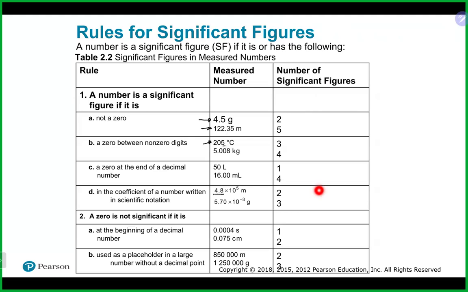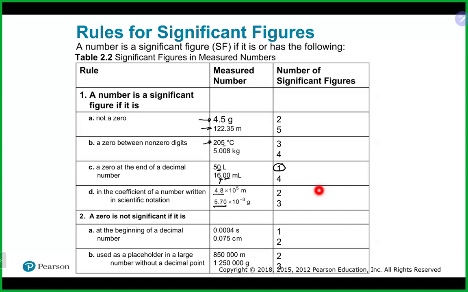And again, we have our guides in scientific notation. So that has 2 significant figures, the first one, 3 on the second, and our zeros at the end here, no decimal written. So it's only one significant figure, which would be the 5 in this case. And here, zeros at the end, but there is a decimal point, which makes them significant.